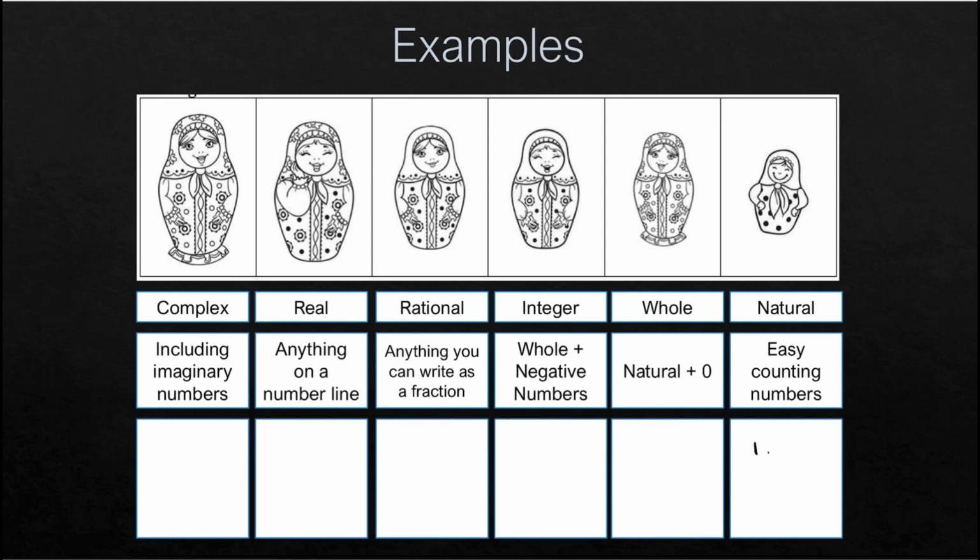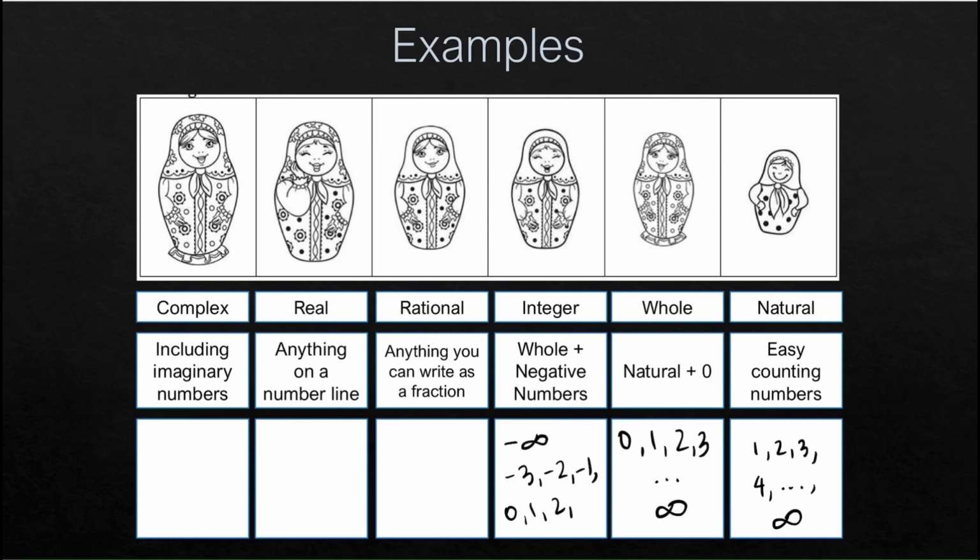So examples of natural numbers are 1, 2, 3, 4, blah, blah, blah, infinity. Whole numbers are 0, 1, 2, 3, blah, blah, blah, infinity. Integers are negative infinity, and like -3, -2, -1, 0, 1, 2, 3, up until infinity.